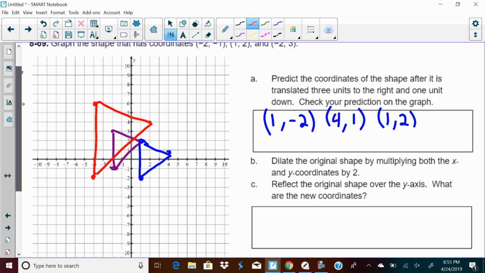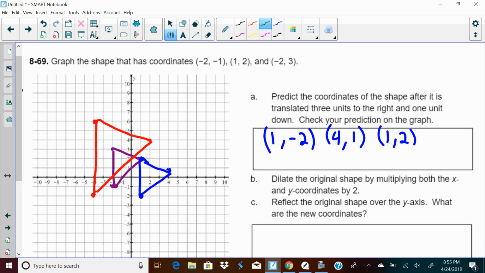And then reflect the original shape over the y-axis. What are the new coordinates? So this one would be now here. So the new coordinates are -2, 4, 4, 6.